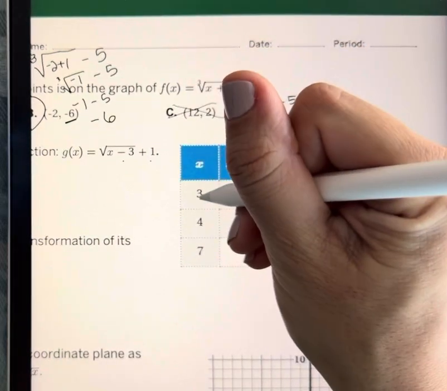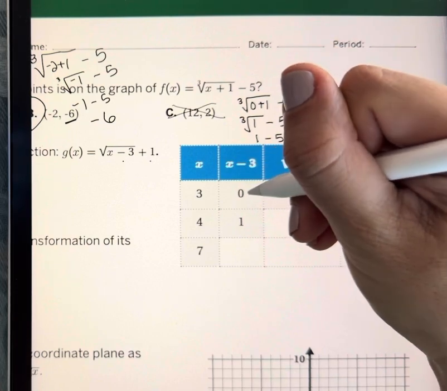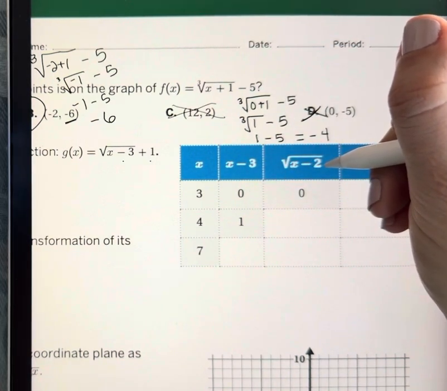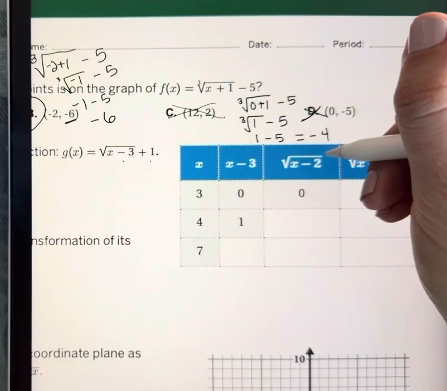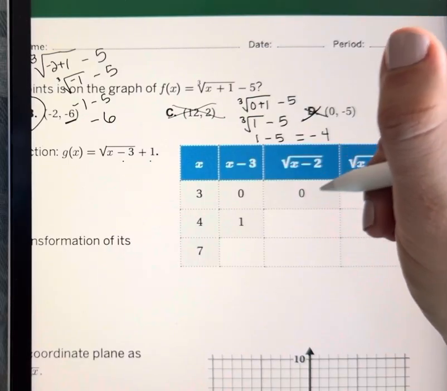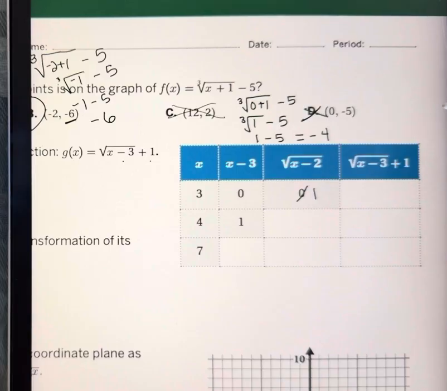If x is 3, 3 minus 3 is 0. Over here, 3 minus 2 is 1, and the square... What? That should be 1. Am I tripping, you guys?